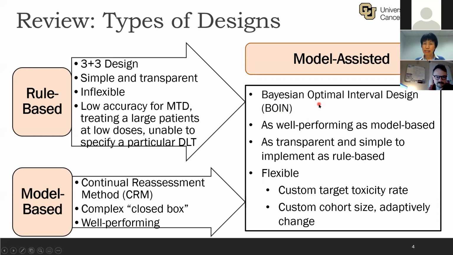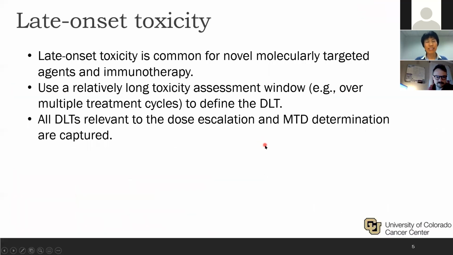Both the BOIN design and the keyboard design that my colleagues have covered are examples of the model-assisted design. In addition to being simple and transparent, it also has great characteristics. For example, it's flexible. We can customize the target toxicity rate and the cohort size. In addition, the cohort size can be adaptively changed. So those are just the reviews.